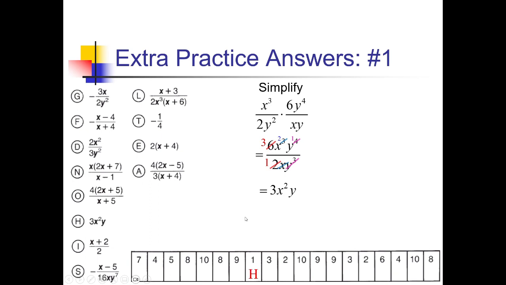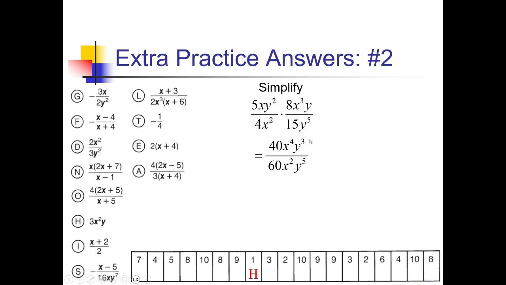Hey, there we go. For number 2, I'm going to start this one by multiplying everything out, and then I'll just reduce whatever I get. So for my numerator, we have 5 times 8 for 40. We've got x to the 4th, so 40 and then x to the 4th. And then we have y squared times y giving me y cubed. In the denominator, I'm going to have a 60, and an x squared and a y to the 5th that don't change.